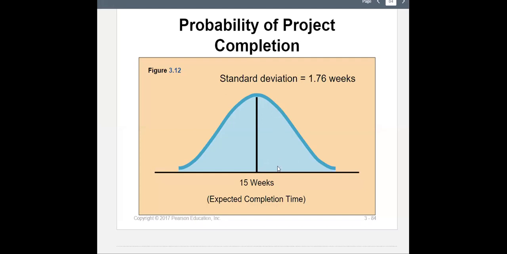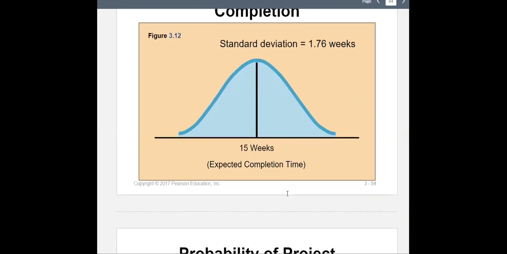If it says 16 weeks, that's a little to the right, that would be somewhere between 65 and 75% probability. It depends on the standard deviation that we have.